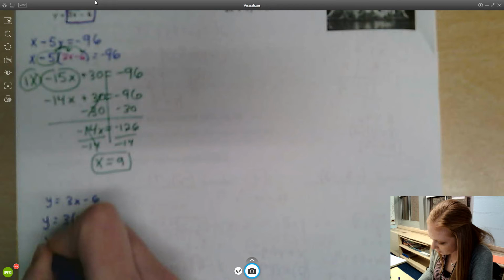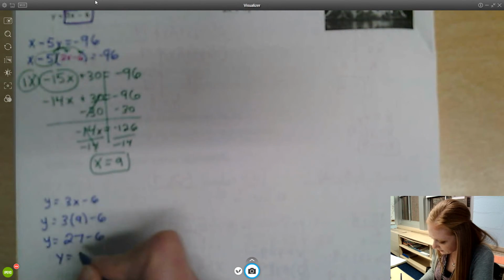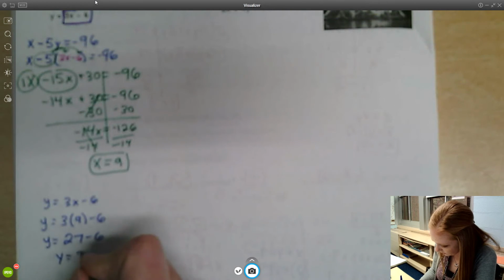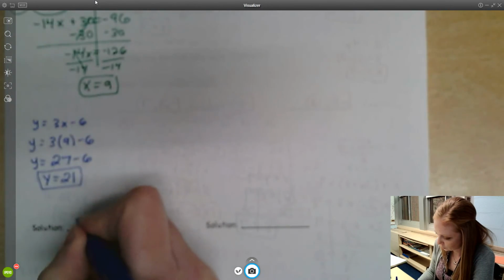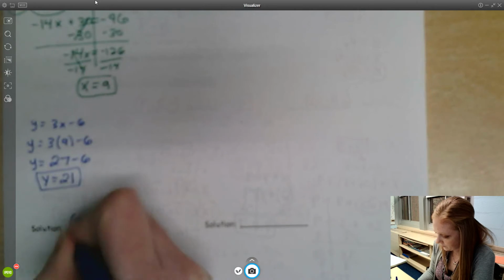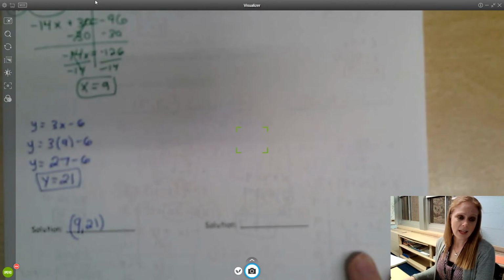And then let's just figure out what y is. So 3 times 9 is 27. 27 minus 6 is going to give us 21. So our point is x comma y, 9 comma 21 for our solution. So blurry. Okay, last one.